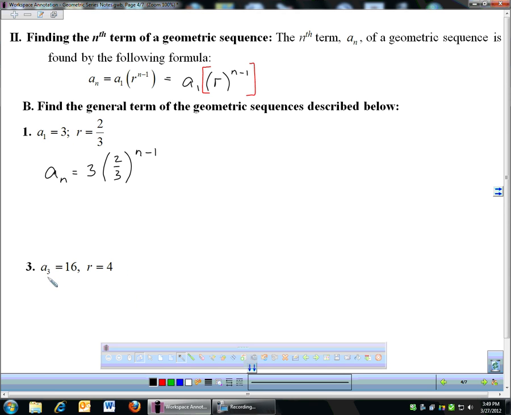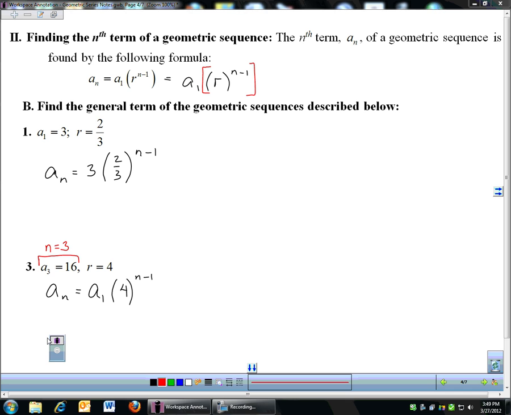Now number 3 is going to be a little bit tougher because I didn't give you the first term. So all I can say right now is my nth term is my first term times the ratio. I do know the ratio, 4 to the n-1. And now to get my general term, I'm actually going to have to solve for my first term, and I'm going to use the fact that when n is 3, my third term is 16.